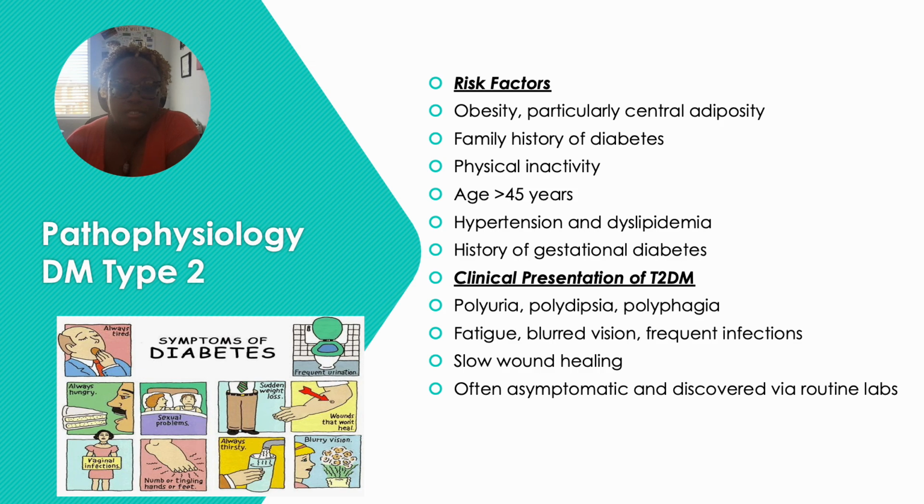And so the clinical presentation of type 2, we see again the polyuria, polydipsia, and polyphagia. Fatigue, blurred vision, frequent infections, slow wound healing. Most patients are often asymptomatic and discover that they're diabetic via routine labs.